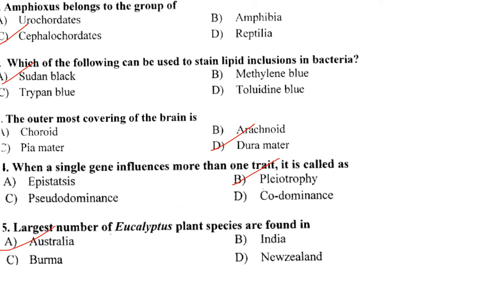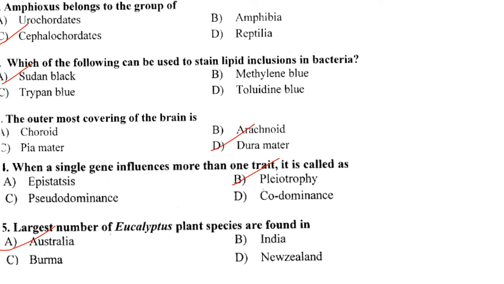Methylene blue is a cationic stain and it binds to negatively charged parts of the cell such as the nucleus, that is DNA, and RNA in the cytoplasm. Trypan blue is used in microscopy and laboratory mice to test for tissue viability. It selectively colors dead tissues blue. Toluidine blue stains tissues rich in DNA and RNA. So the answer is option A, Sudan black.